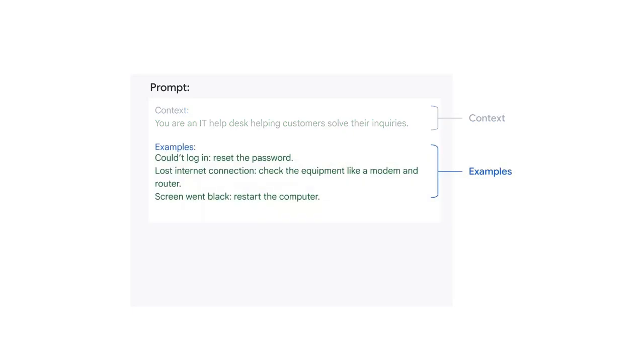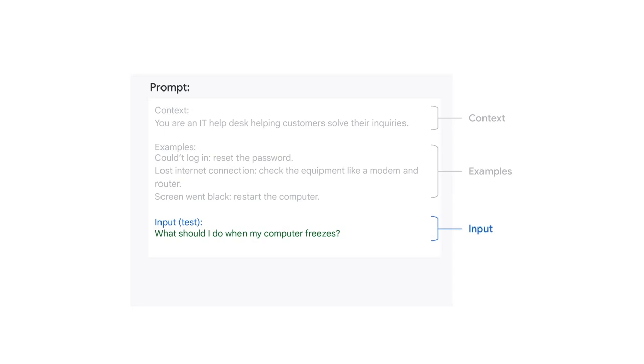This is called few-shot prompting. Couldn't log in? Suggest a password reset. Lost internet connection? Suggest checking devices like a modem or a router. Screen went black? Suggest restarting the computer. Subsequently, when the question becomes, "What should I do when my computer freezes?" the model may suggest restarting the computer.